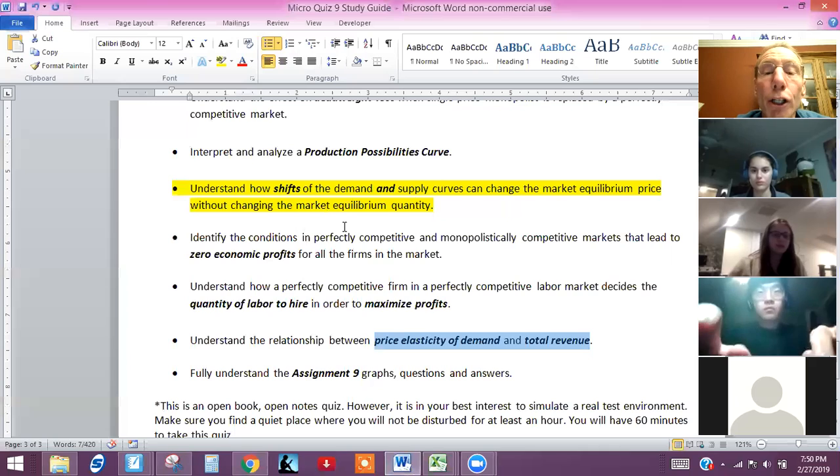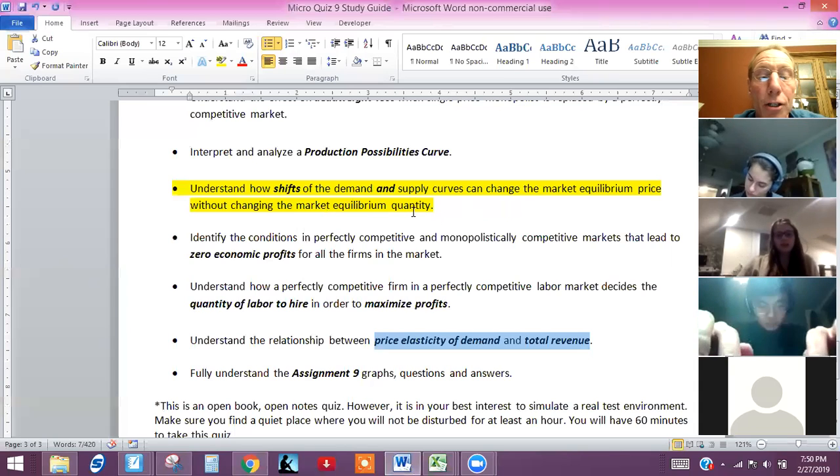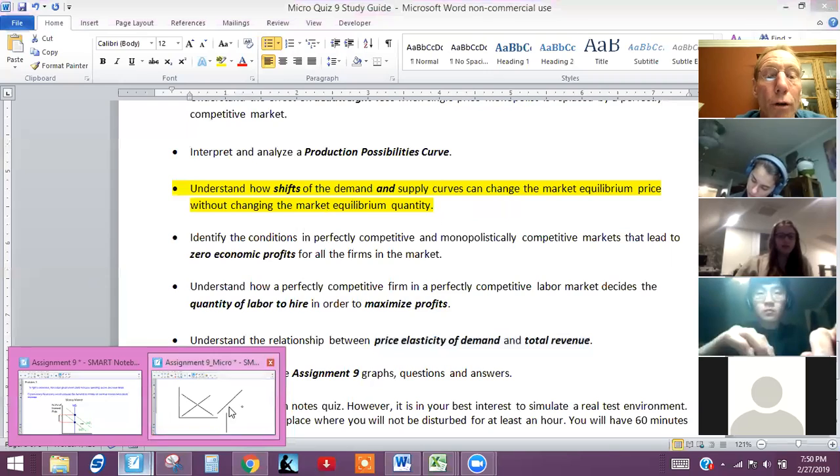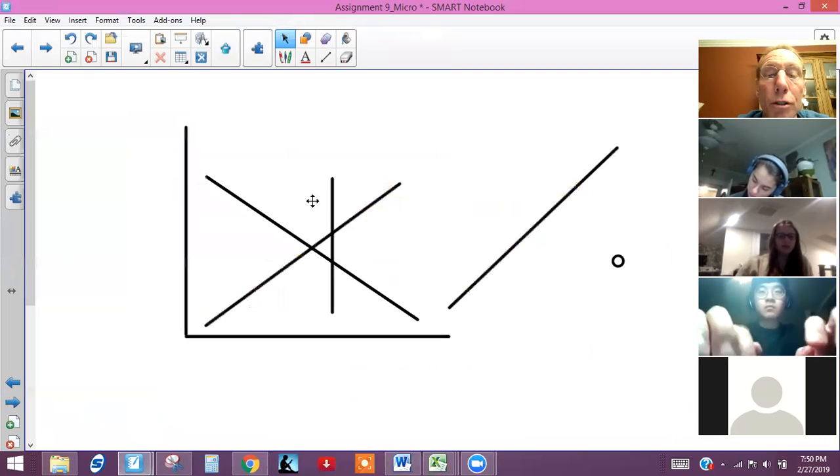So how can you shift the demand and the supply curve and change the price without changing the quantity? Okay, so let's say we're not going to change the quantity, but we're going to change curves. Say this is our quantity, and we don't want that to change at all.